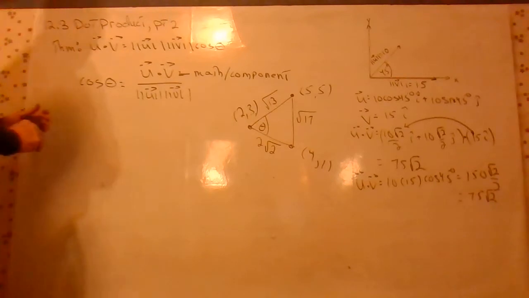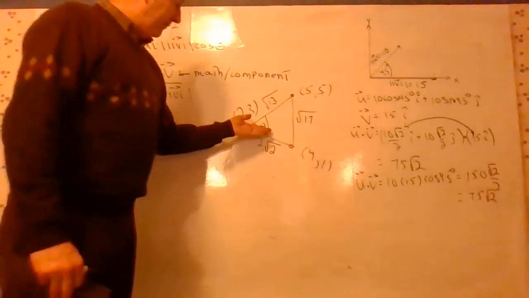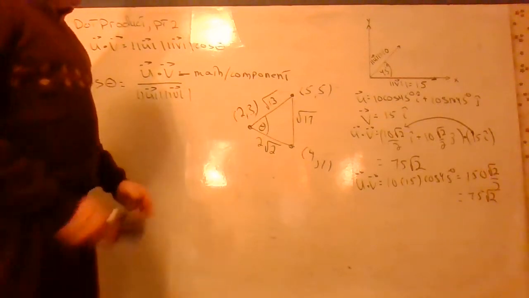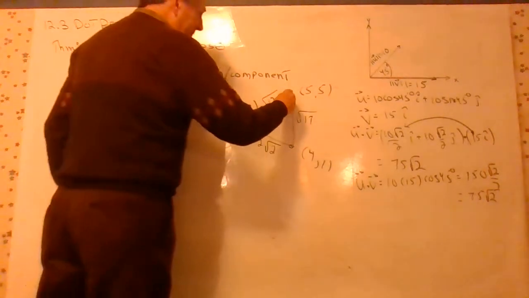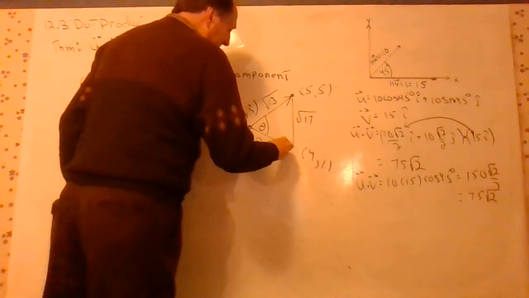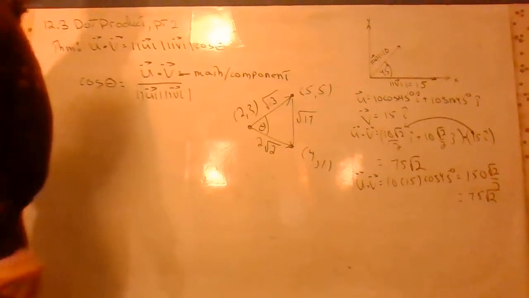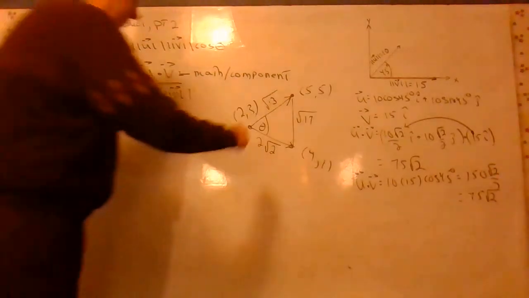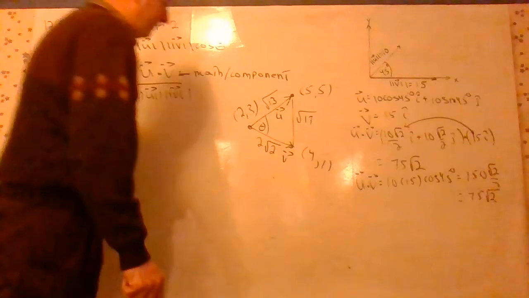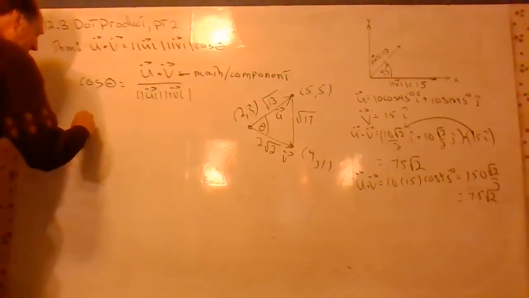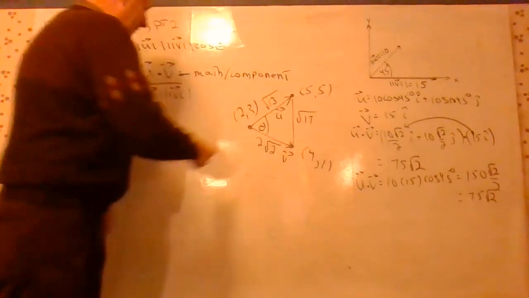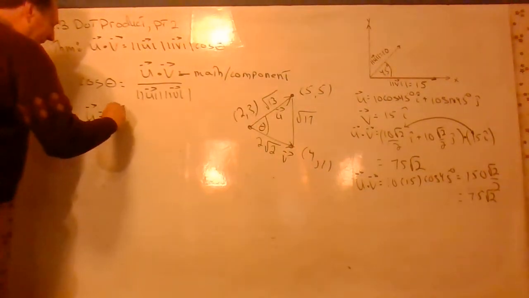Given three sides of a triangle, how do you find an angle? Well, it's very simple. You use the law of cosines. That's a standard 11th grade math problem. What we're going to do is just construct a couple of vectors and find the angle between the two vectors. It's actually much simpler. We'll call this vector u, and this vector v. u is simply, we go from 2 to 5, so we get 3i.